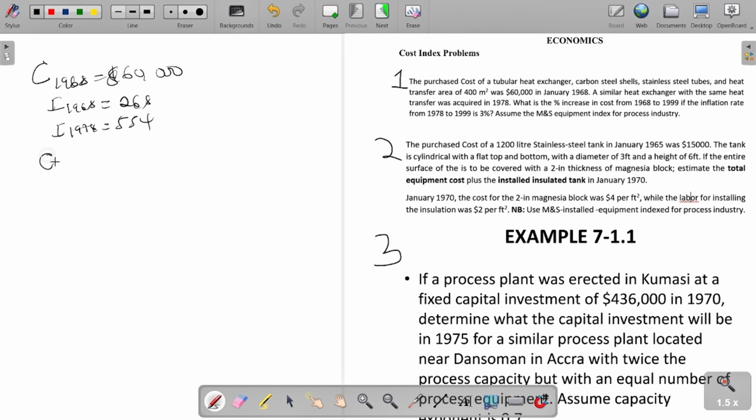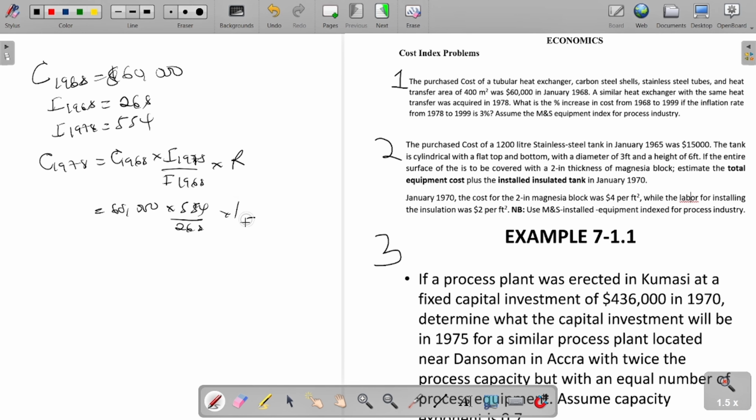If I want to calculate the cost in 1978, it is the cost of the base year, which is 1968, times the index of the year I want to find my cost, divided by the index of the base year, then times R. So this is 60,000 multiplied by 554 over 268 multiplied by 1.